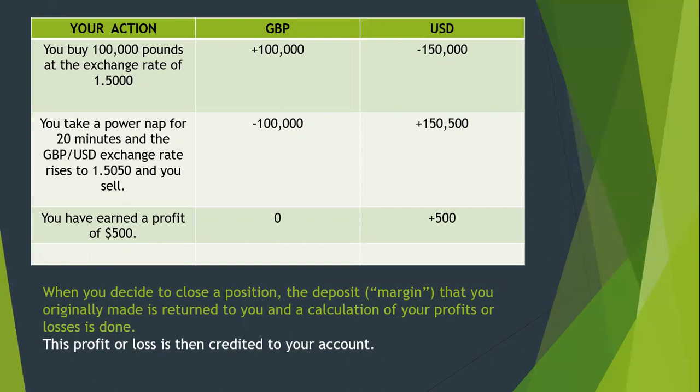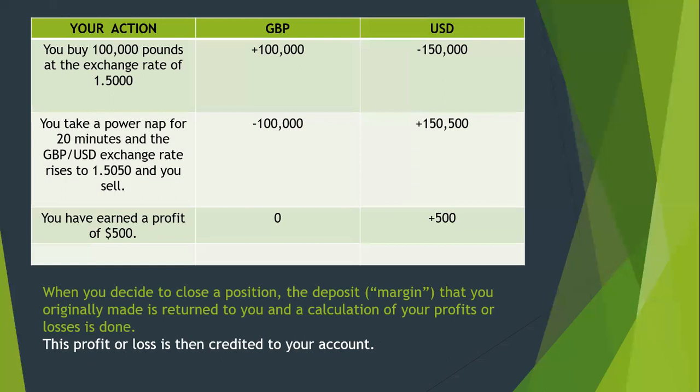You take a power nap for 20 minutes, and then the pound USD exchange rate rises up to 1.5050, and you sell. Remember that you buy, and then the rate rises within 20 minutes up to 1.5050.